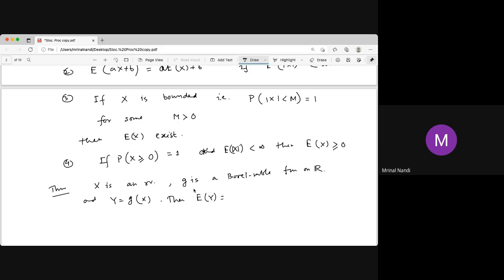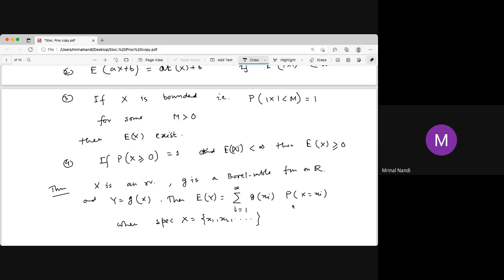Okay, we consider this as, say, a discrete random variable. We prove it for discrete and continuous both. Then the expectation of Y is the sum over i equal to 1 to infinity of g of x_i times the probability of X equal to x_i, where the support of X is x_1, x_2, and so on, a countable set, or maybe finite.